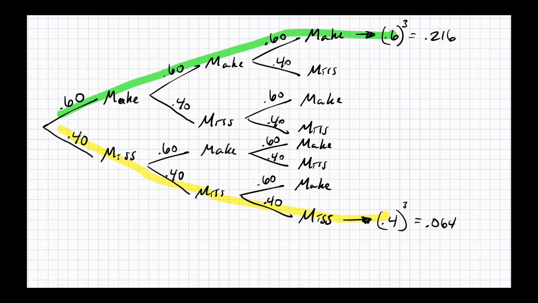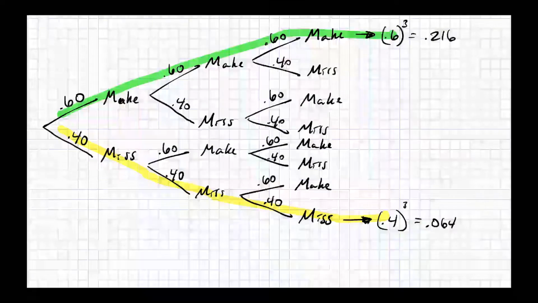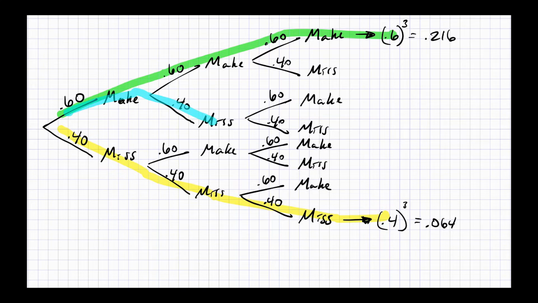So let's go through the paths for one make. That means a make, miss, miss. That's 1. A miss, make, miss. That's 2.